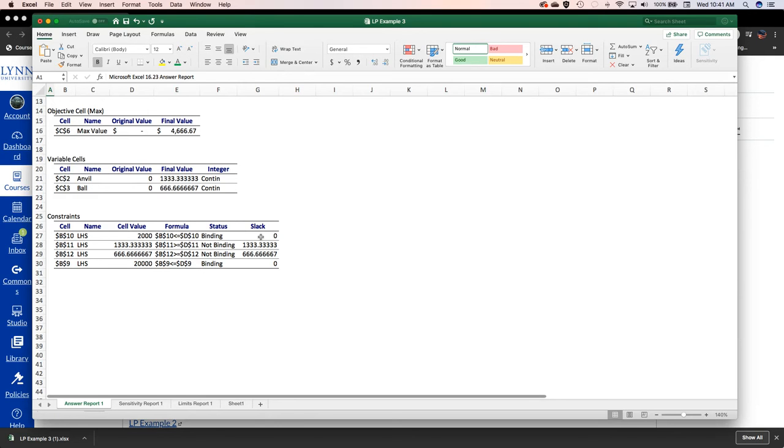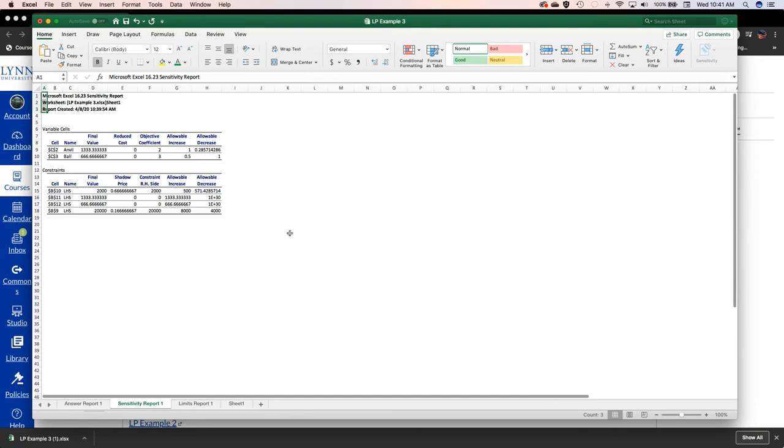Okay. We have a binding constraint on the amount of toys we can sell and a binding constraint on our money to invest, right? Now, one of the things we did not have is a constraint on our demand. So when you do your problem, you will have a constraint on that, so pay attention to that.